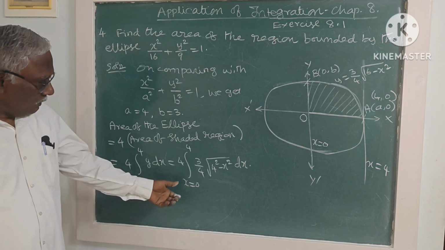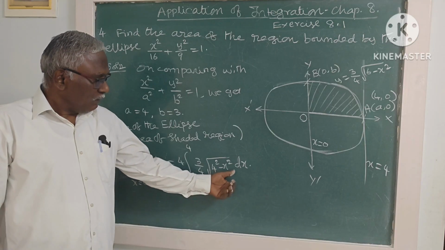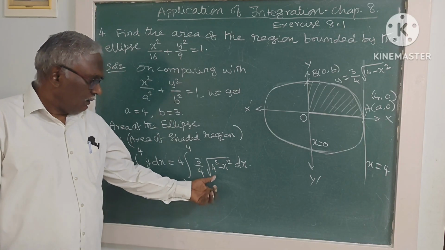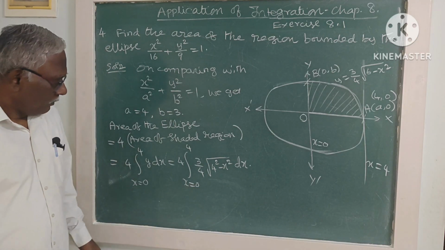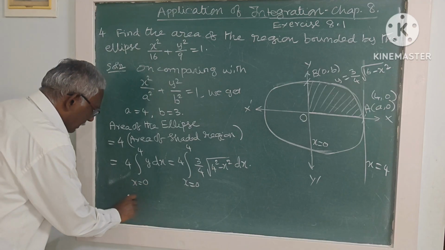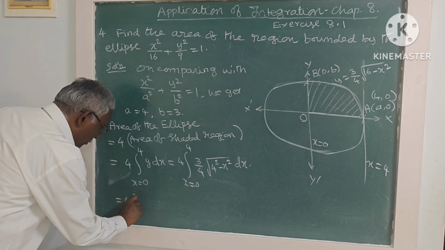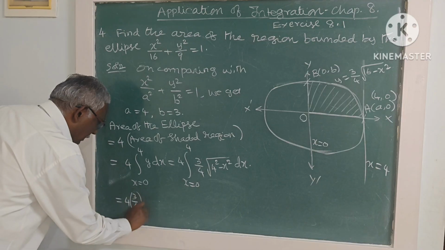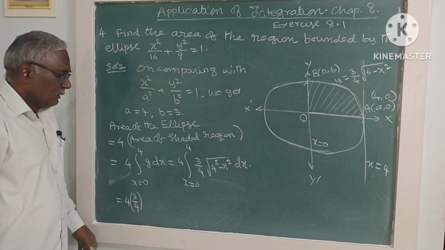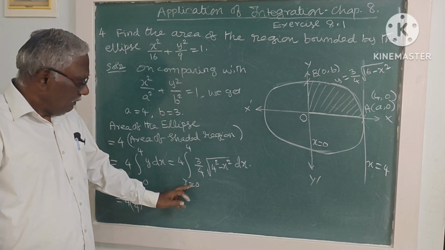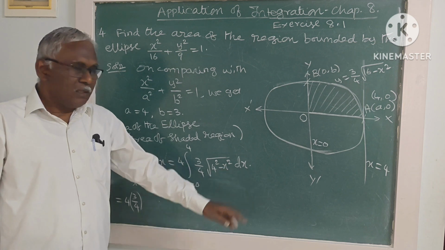So now we know the integral of square root of a squared minus x squared dx is in the standard form, so we can use the formula. So this is equal to 4 times 3 by 4, then the integral of square root of a squared minus x squared dx.